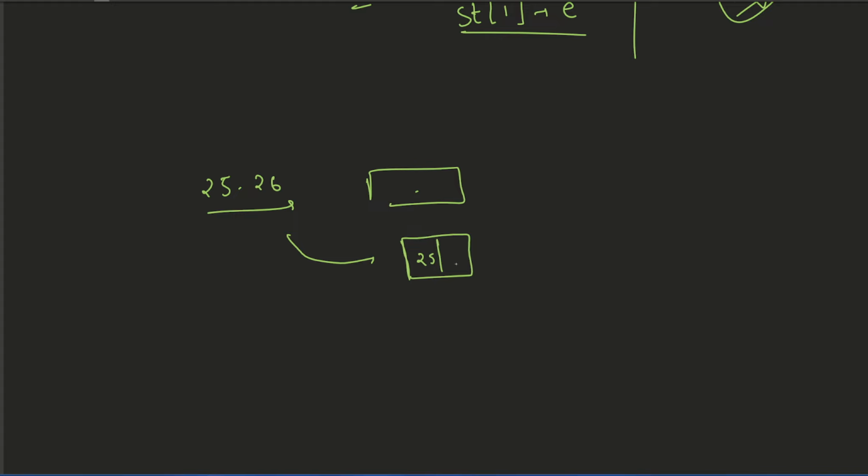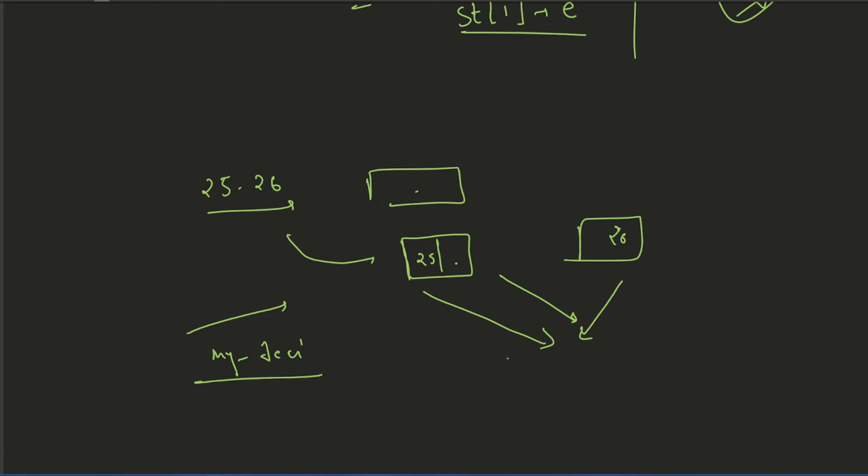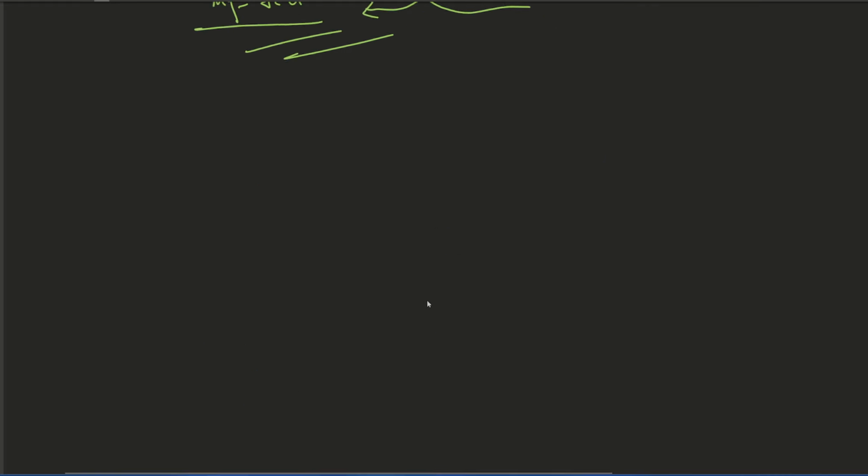The 25 is stored here, then the decimal point is stored somewhere else in the memory, and then this 26 is also stored somewhere else, and later on these are pointed to at a place. So as soon as you call, hey, where is my decimal, as soon as you point, it all points together. That's somewhat how float and double work. Got it? So this is what these things are all about.